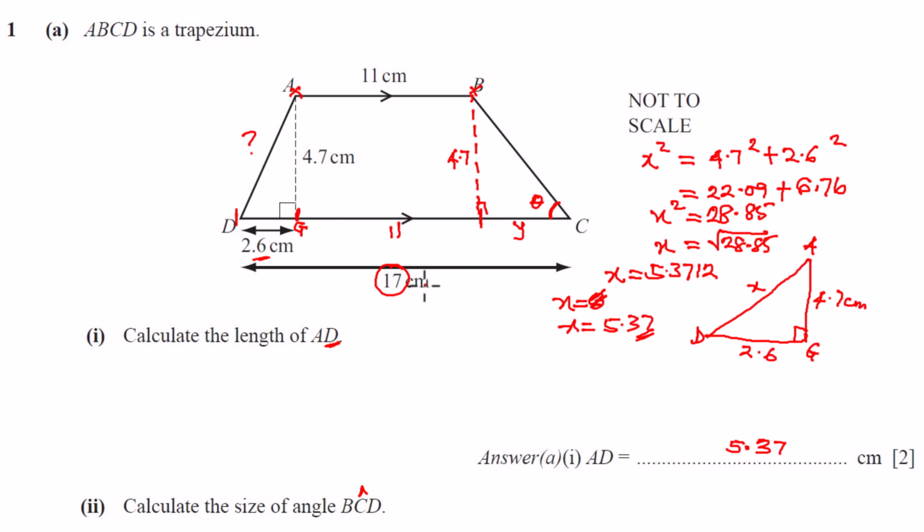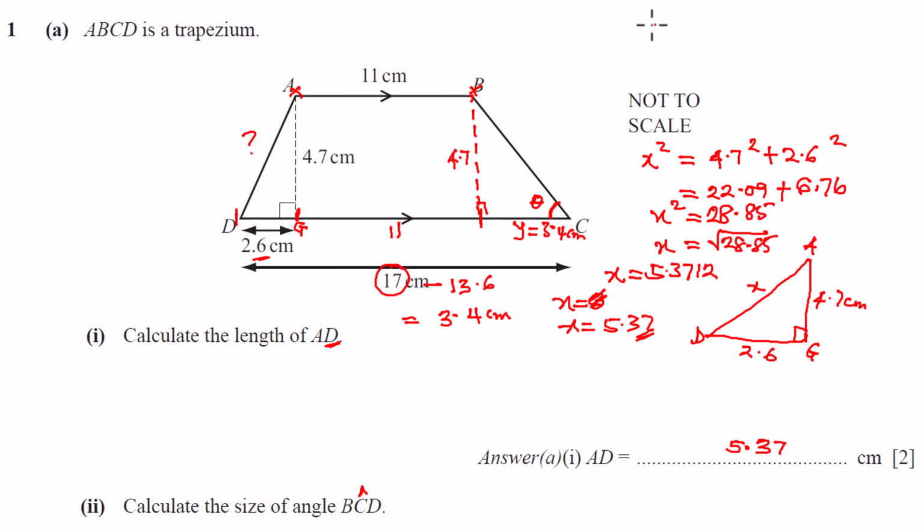So 17 minus 13.6 gives us 3.4 centimeters. So y is 3.4 centimeters.